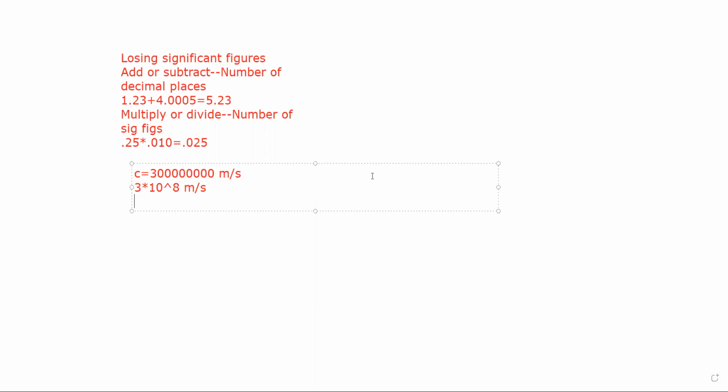Depending on your calculator or anything else that you are able to look at, you might run into notation that says 3E8. It means the same thing, 3 times 10 to the 8th, or 300 million meters per second. And we can do this in the opposite direction as well.